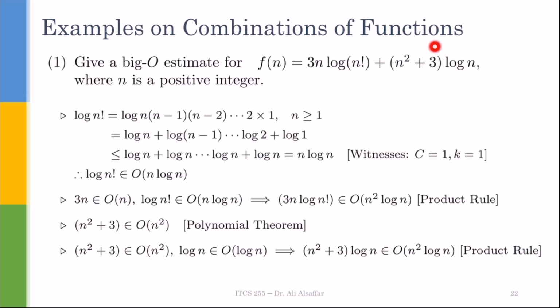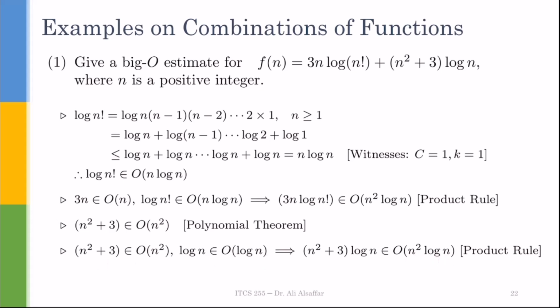And since n squared plus 3 belongs to big O of n squared, and log n belongs to big O of itself, then according to the product rule, n squared plus 3 multiplied by log n, which is this part, the order is equal to the product of their corresponding orders. So you multiply n squared by log n, and you will get the order for this product is n squared log n.